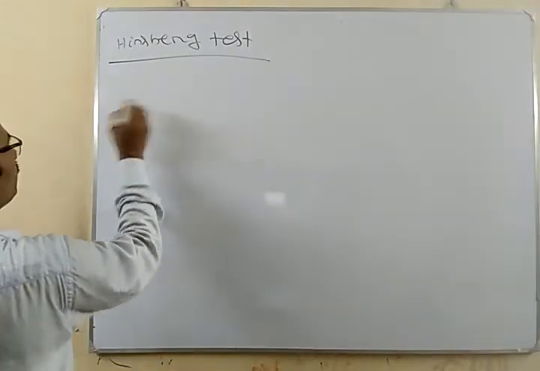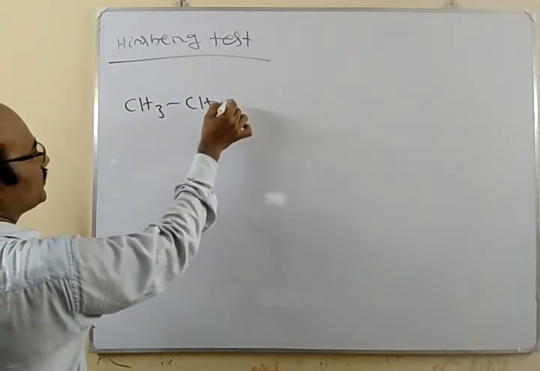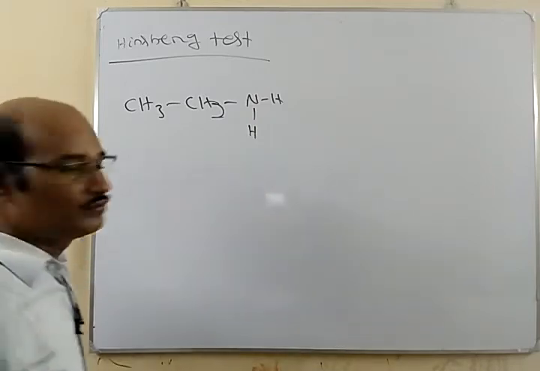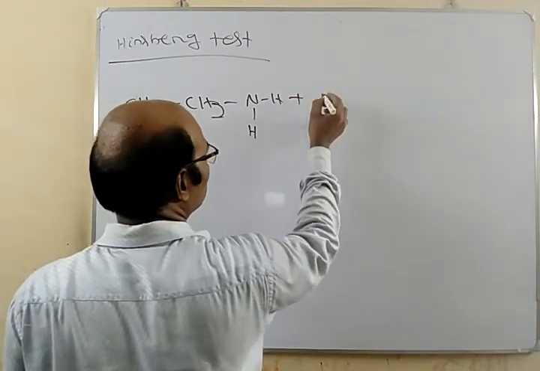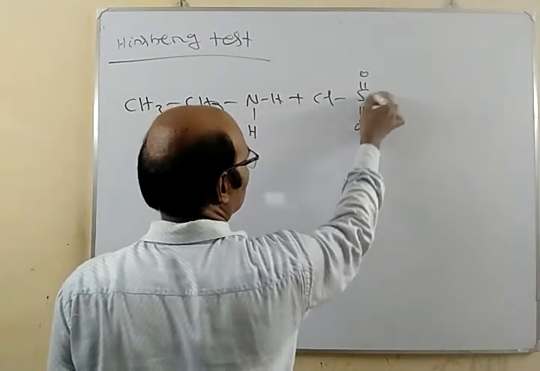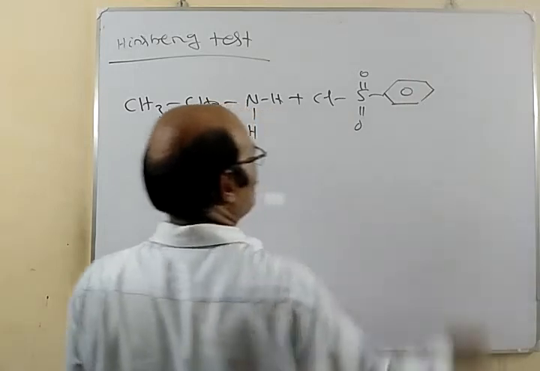Now the Hinsberg test. What will be here? CH3CH2NH2 plus benzene sulfonyl chloride.